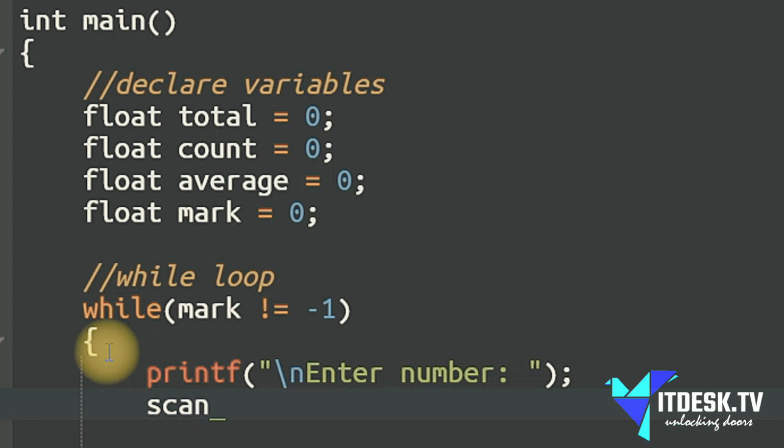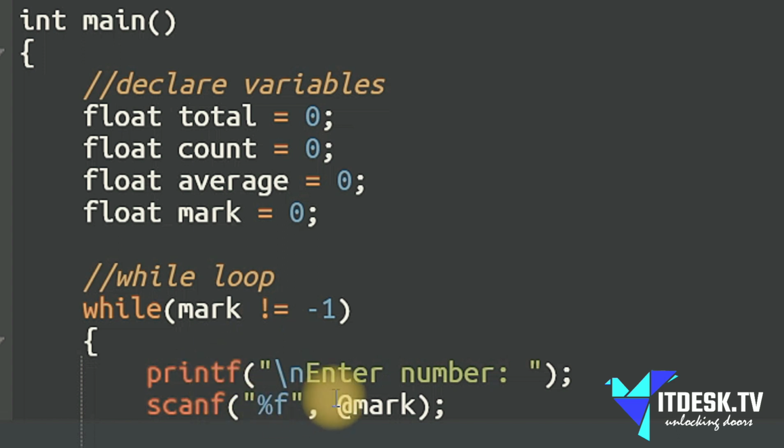And then I'm going to collect the value that they enter. It's going to be a %f, because it's a floating point number I'm collecting, and &mark.